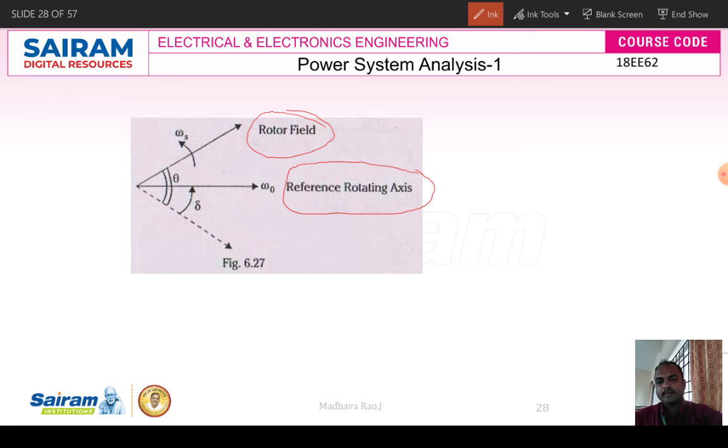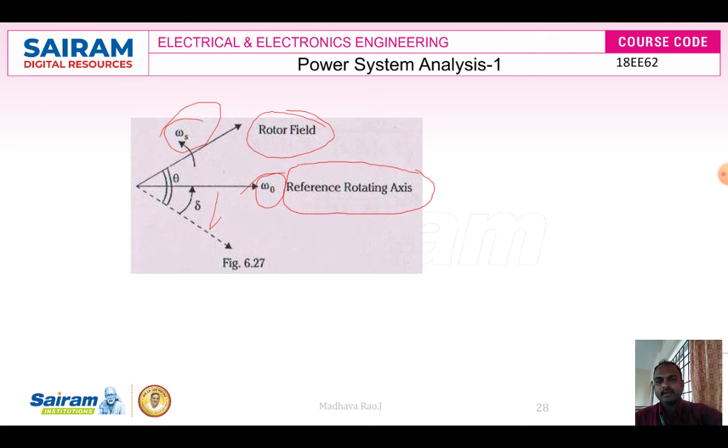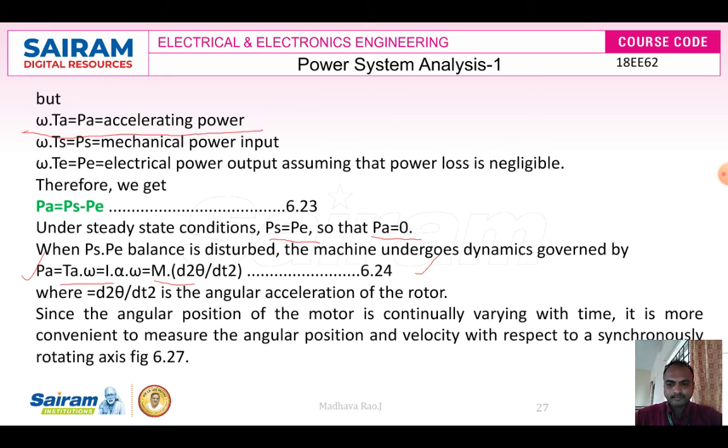Here omega naught and omega s, and the angle between them is theta. Here the load angle is delta. We can conveniently analyze the angular position and velocity of the synchronous machine using the synchronous rotating axis.